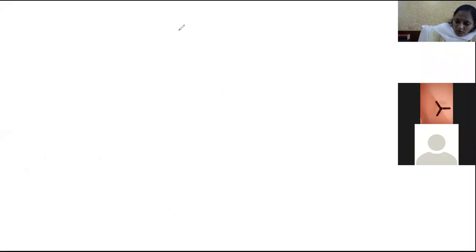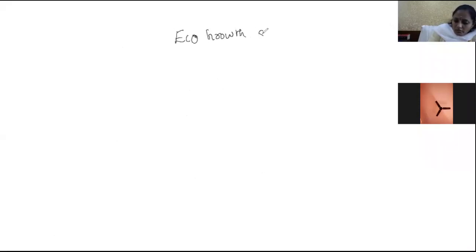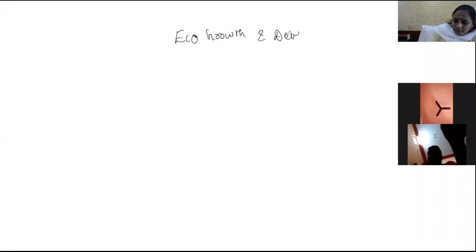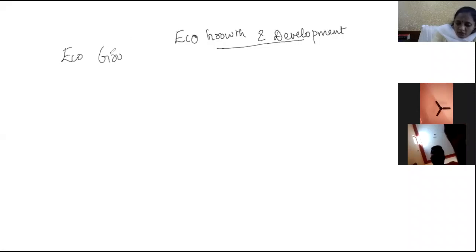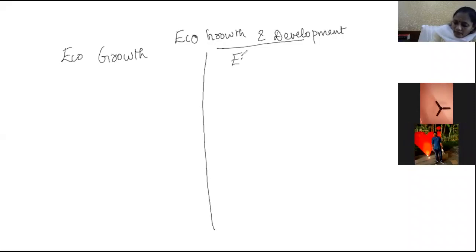So we are going to start on today's topic, economic growth and development. First, let us write some basic differences between these two words. Then we will go into the indicators.